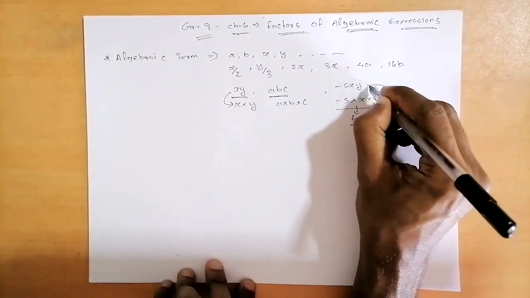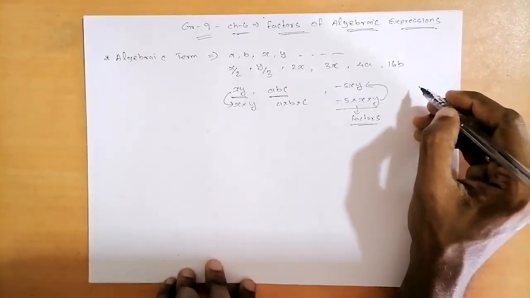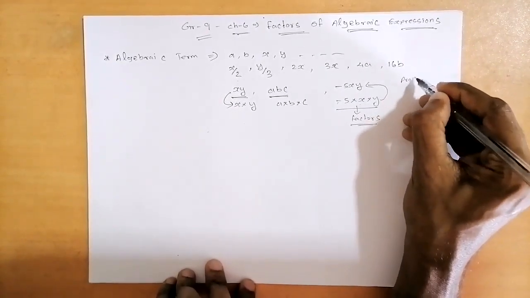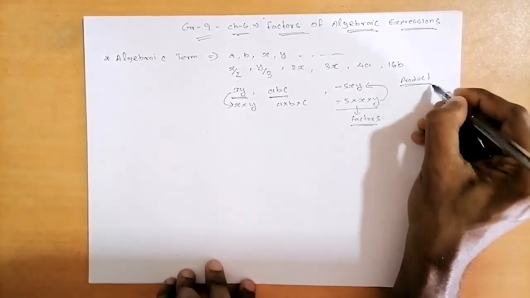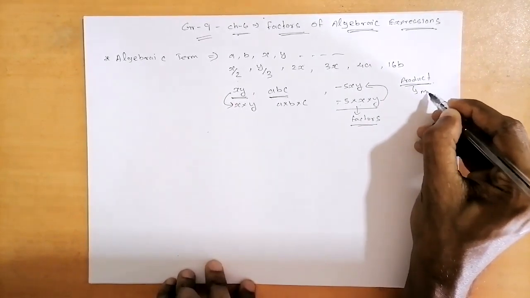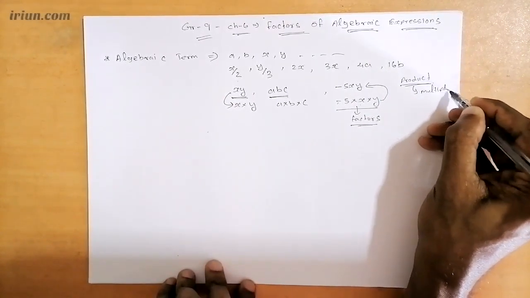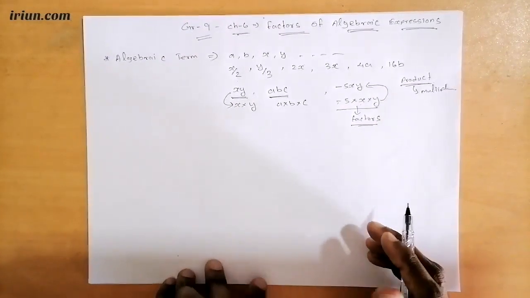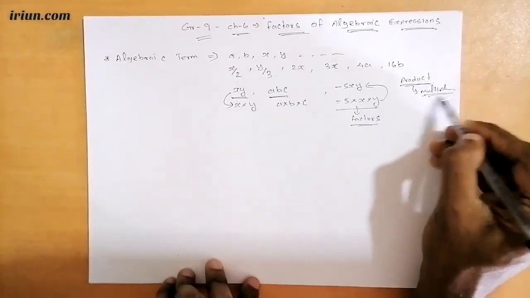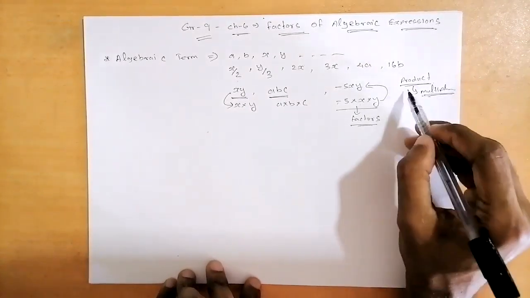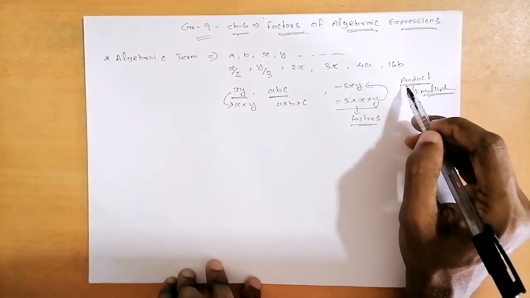Product means, in other words, multiplication. We don't frequently use the word multiplication; instead we use the word product in maths.